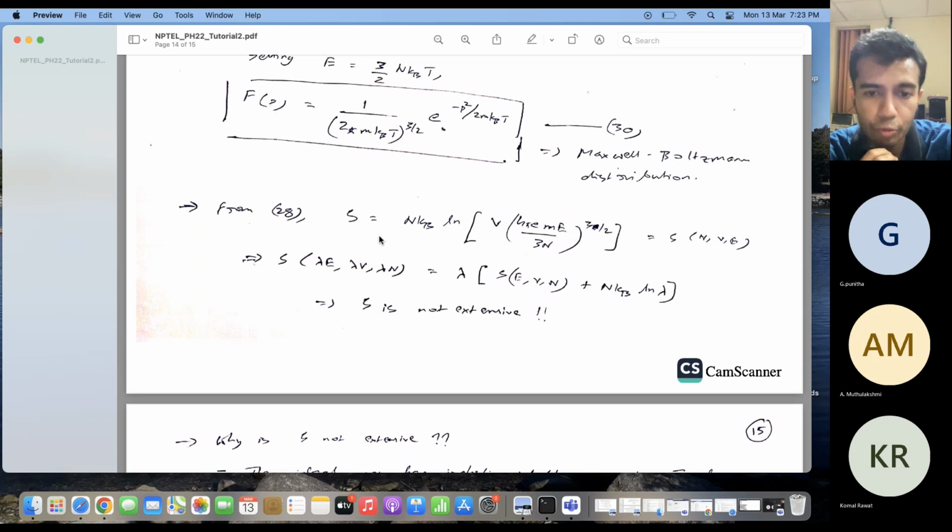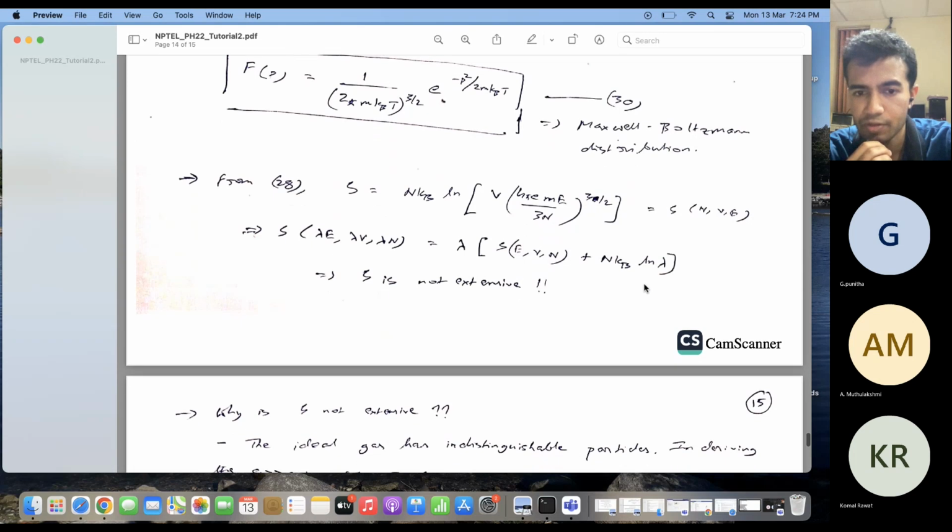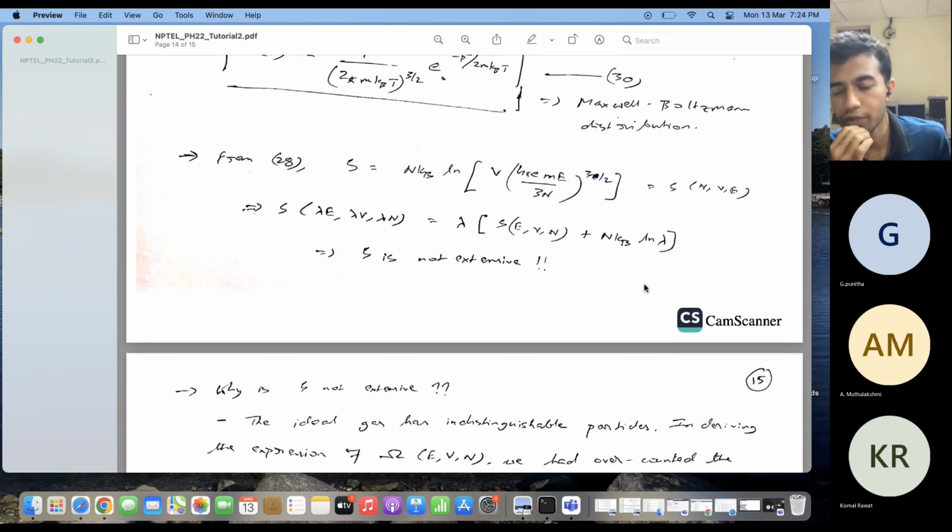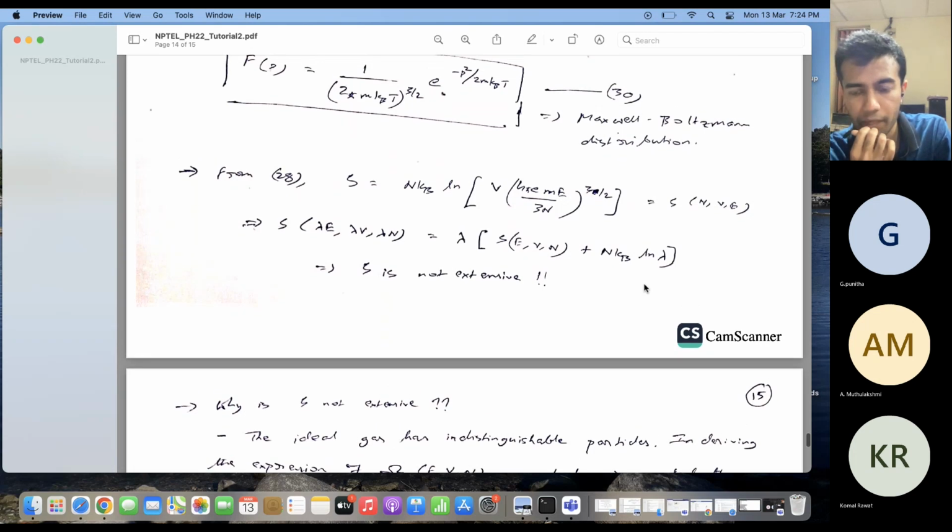However, this new entropy which I get is not equal to lambda times my old entropy. It is lambda times my old entropy plus some extra factor which is not equal to 0. So the entropy is not extensive over here. Now can anybody tell me why the entropy is not extensive? Like what mistake have I made in this calculation of entropy in my derivation over here? Yes, anybody?